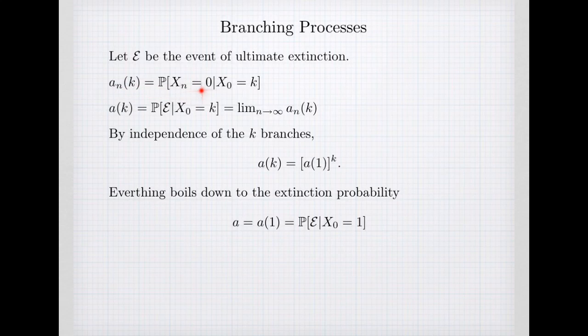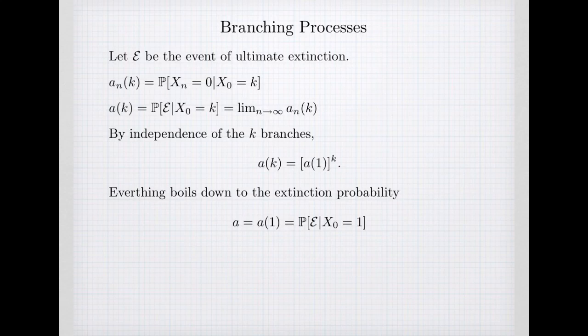We'll think about the probability that at time n we've reached extinction by time n, and we'll call that a_n of k, and the limit of that sequence will be our extinction probability, and all of this is conditioned on the original number of offspring.